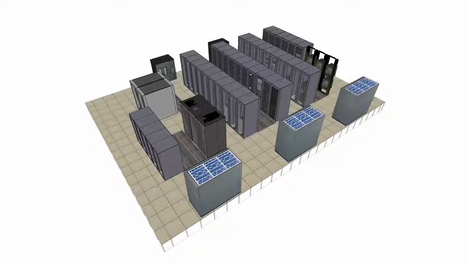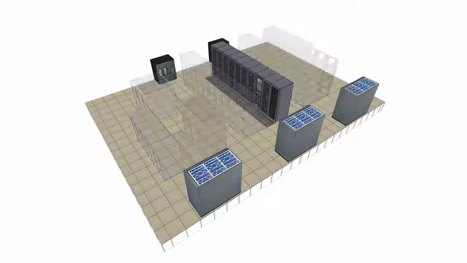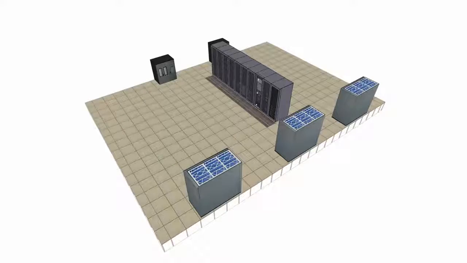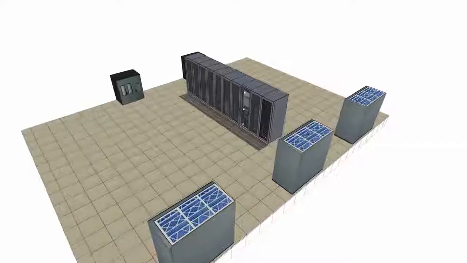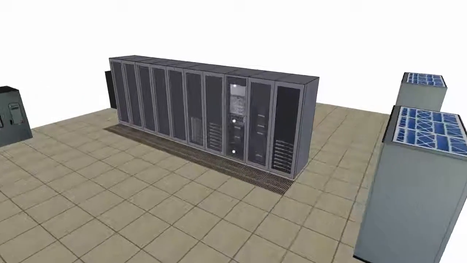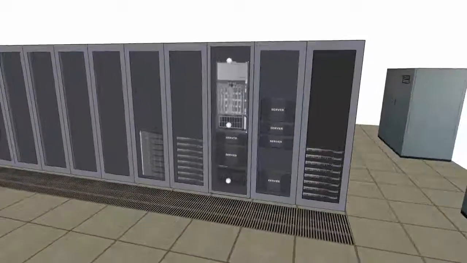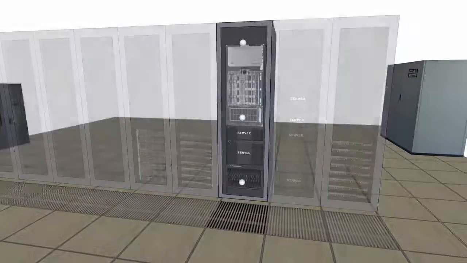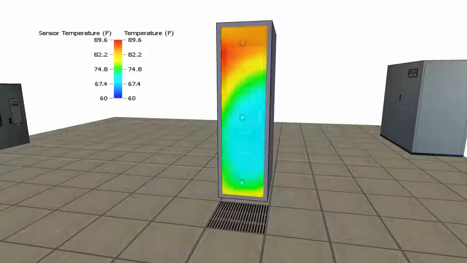In reality, your cabinet sensors may not be a good indicator of your actual IT temperature. To show why, let's first look at a cabinet outfitted with ASHRAE recommended sensor placement, near the top, bottom, and middle of each cabinet. The temperature profile in this image was generated by a CFD simulation.